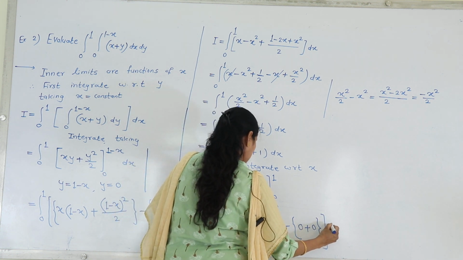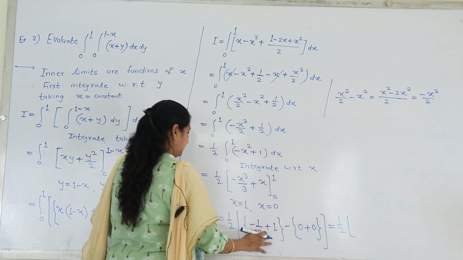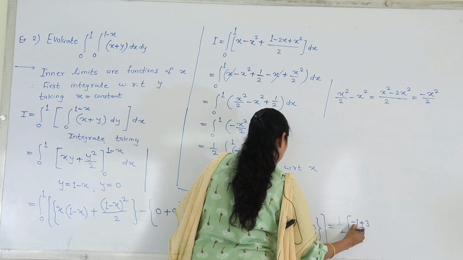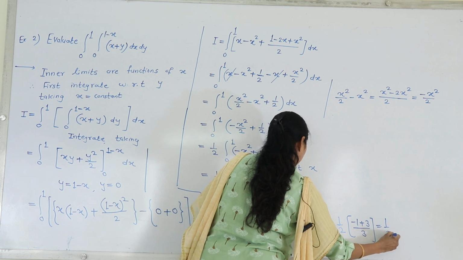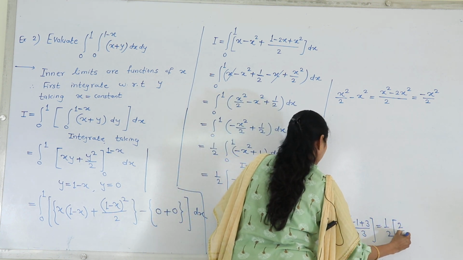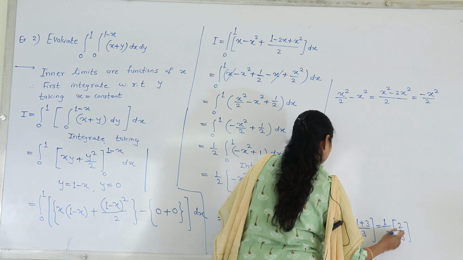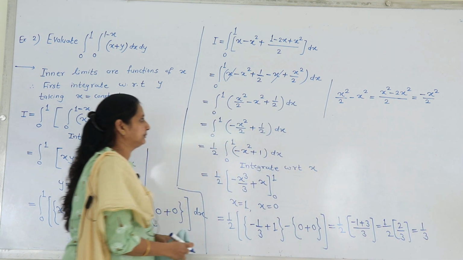Means 1/2 into 3 is LCM, minus 1 plus 3 upon 3, that is 1/2. 3 minus 1 is 2 upon 3, 2 cancel, that is answer is 1/3.